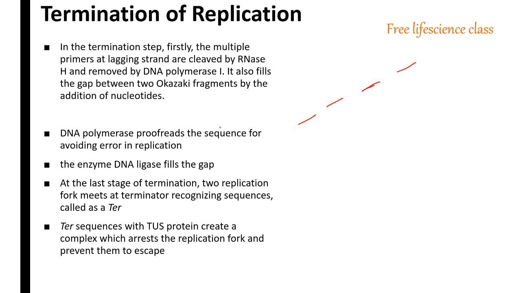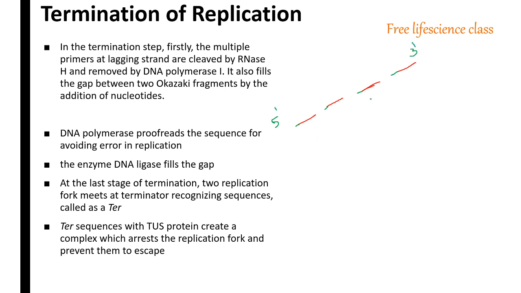So there is an RNA primer in front of each of the Okazaki fragments. You can see this RNA primer in the Okazaki fragments. Okay. So this is 5' and this is 3'.